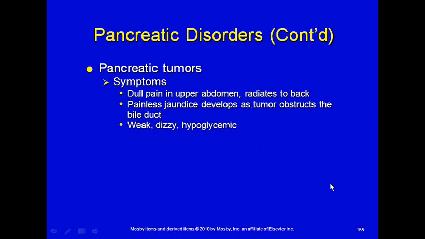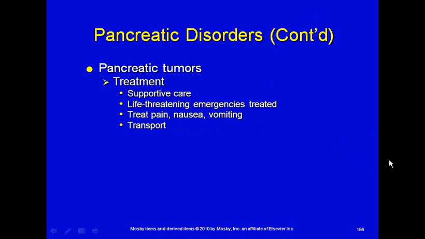Symptoms of pancreatic tumors are much similar to symptoms of pancreatitis. Very dull pain in the upper abdomen radiates to the back. Painless jaundice develops as the tumor obstructs the bile duct. Weak, dizzy, hypoglycemic if it's an endocrine tumor, where it's not allowing the secretion of insulin and/or glucagon.